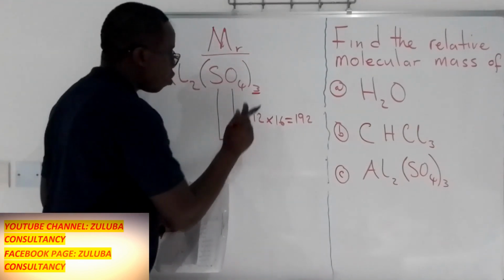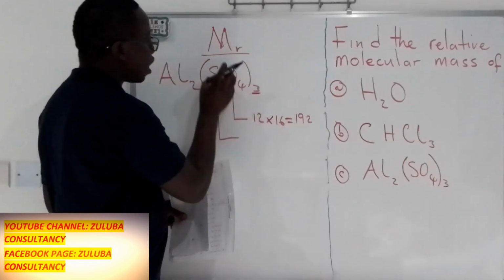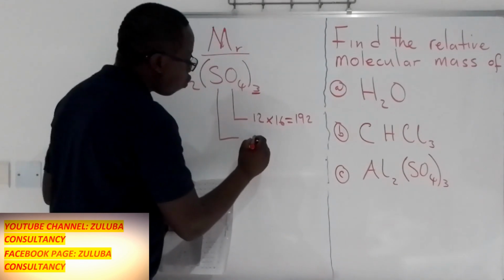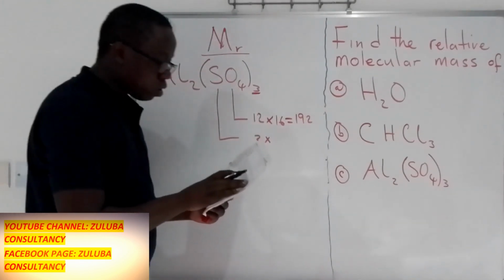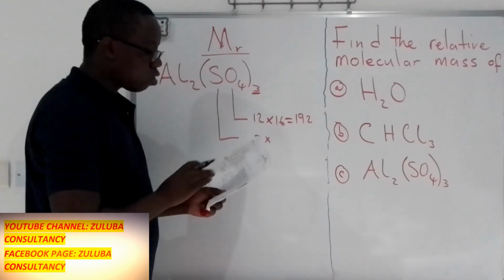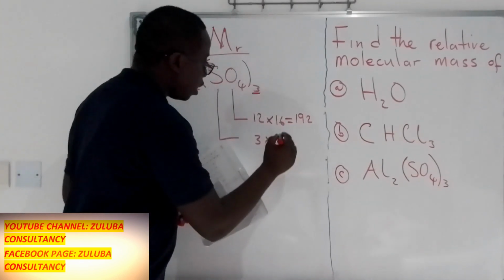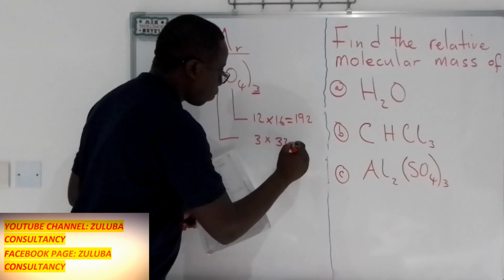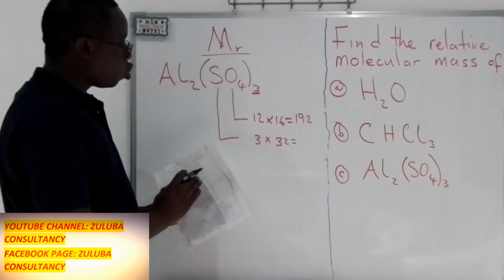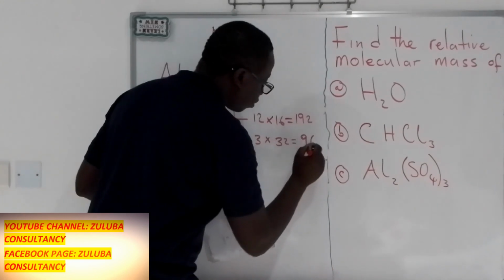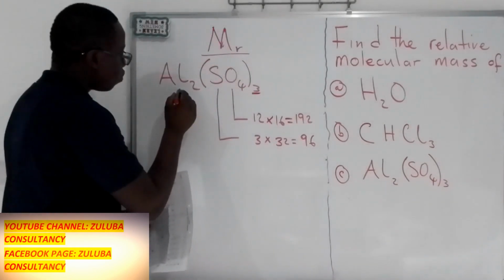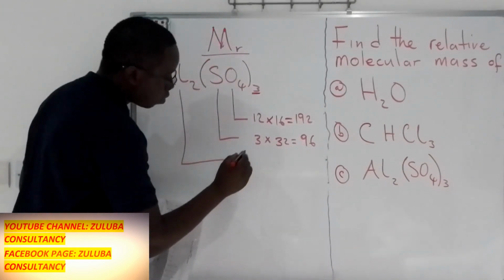Because of this 3, and sulfur is in the bracket, we have 3 atoms of sulfur. We go to the periodic table. What is the relative atomic mass of sulfur? It is 32. So we are multiplying 32 and 3. It gives us 96.